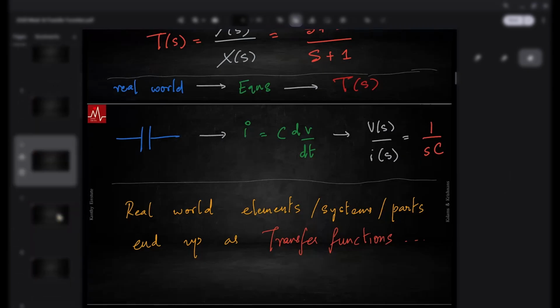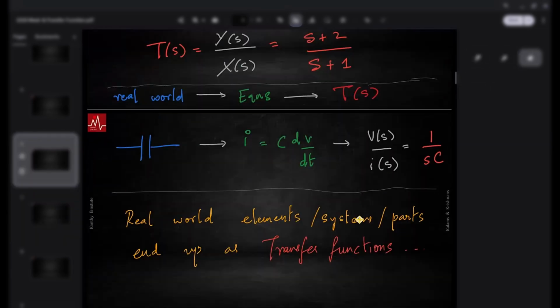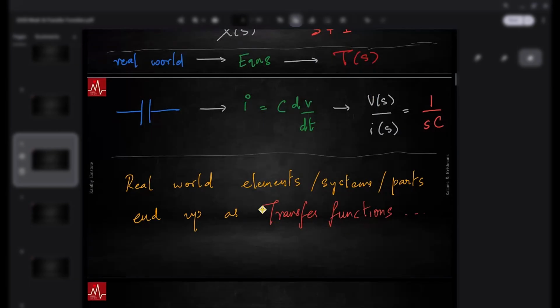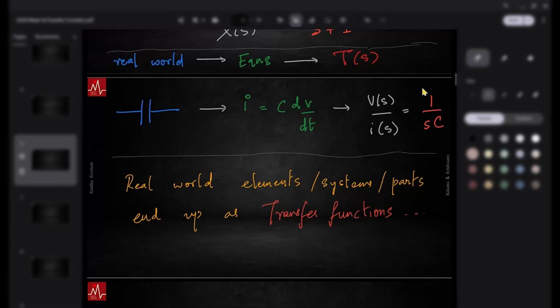Now, two quick questions. Hey, is this bit clear? Notice I have a capacitor differential equation, then a transfer function. This is very important to what we are going to look at next. Now we will be only dealing with transfer functions, so we'll be only talking about this side.